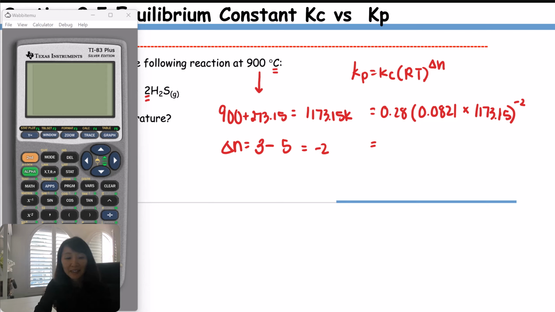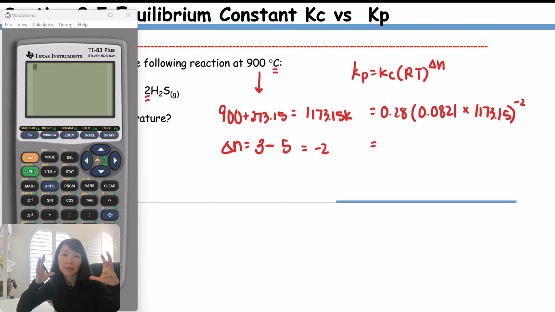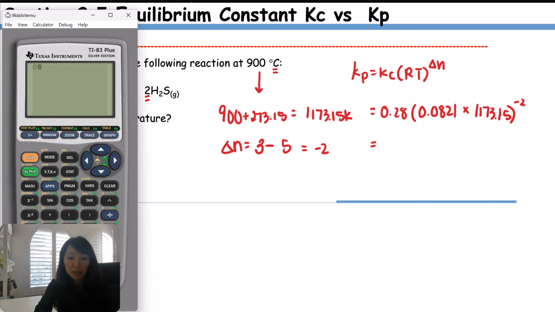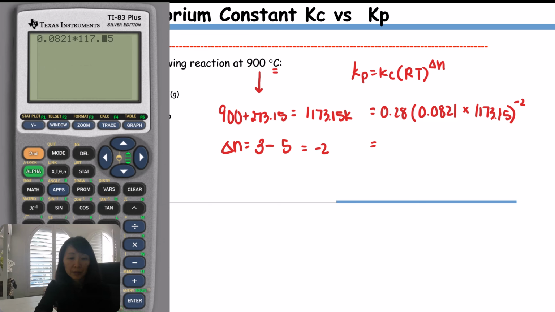Here's my calculator, and I'm going to use everything that is within the parentheses first, which is 0.0821 times 1173.15.